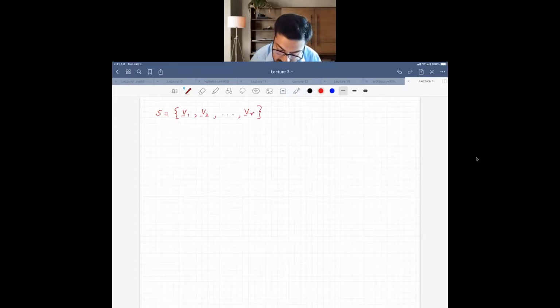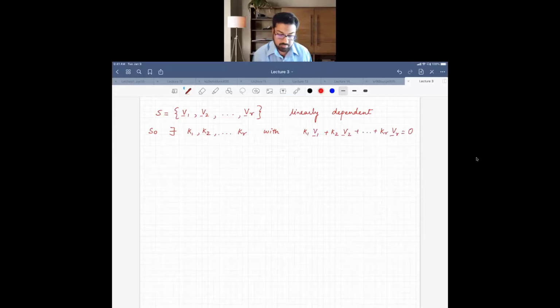So let us say that this is a linearly dependent set of vectors. Which means that there exist some k1, k2, and so on up to kr with that vector equation k1 v1 plus k2 v2 plus and so on up to kr vr equals the 0 vector, right?